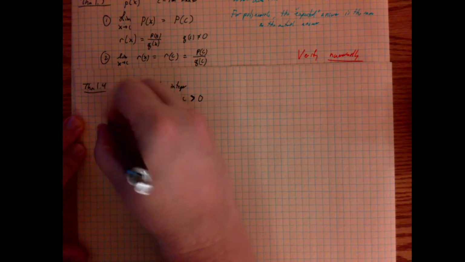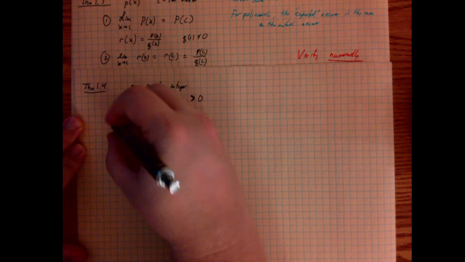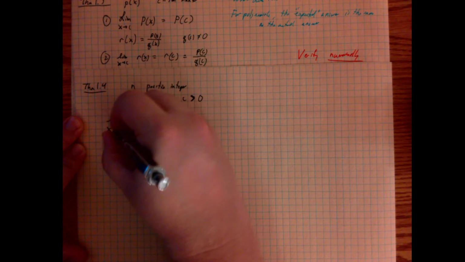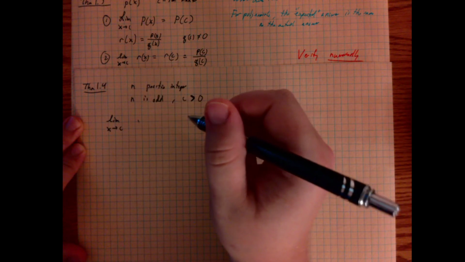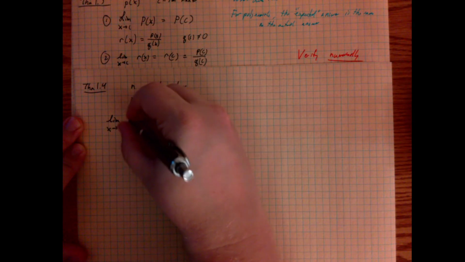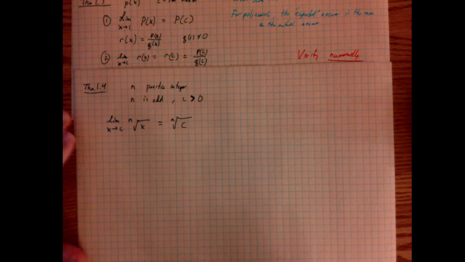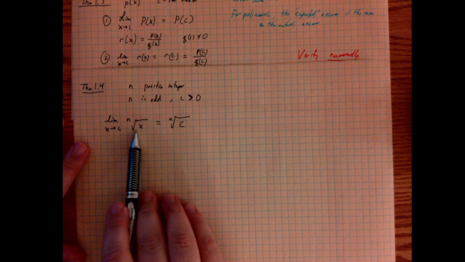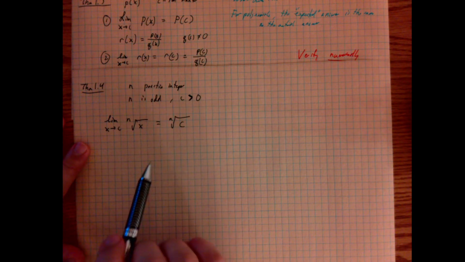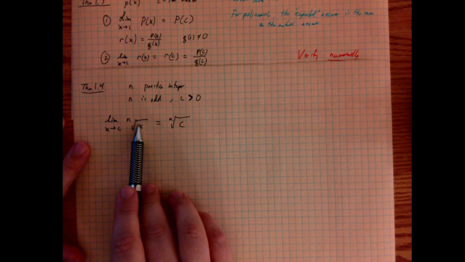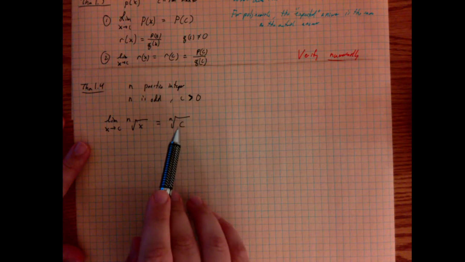So we have the limit as x approaches c of the nth root of x is equal to the nth root of c. In other words, if I have a radical, I can just plug it in same as I can before, provided that it's odd and that c is bigger than 0.